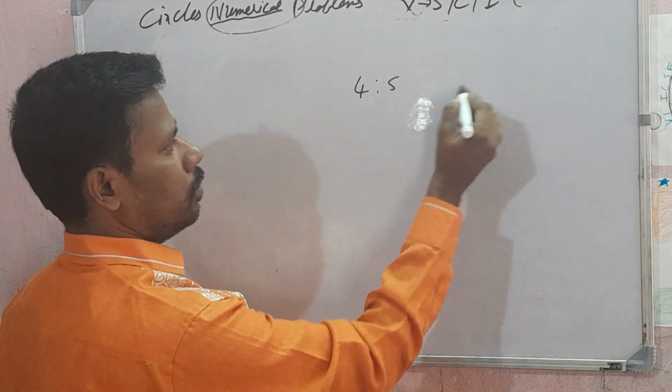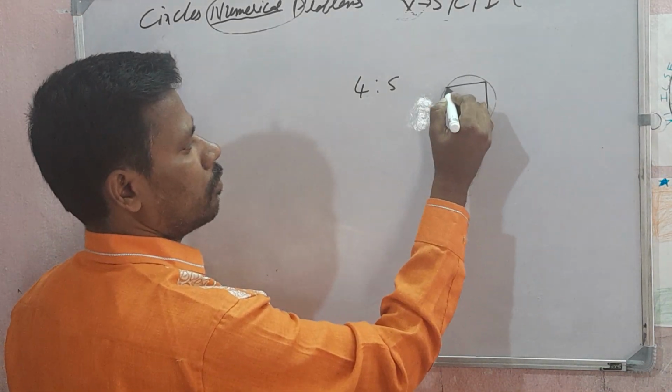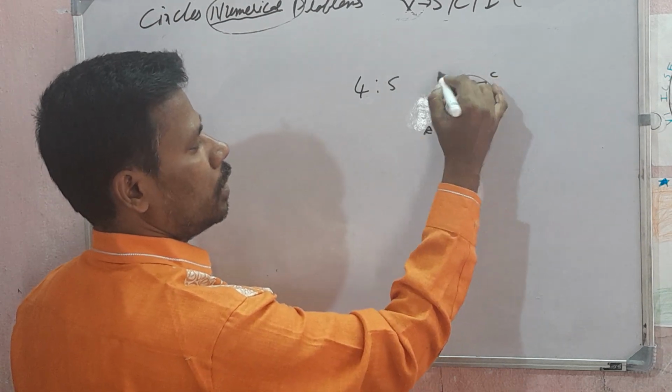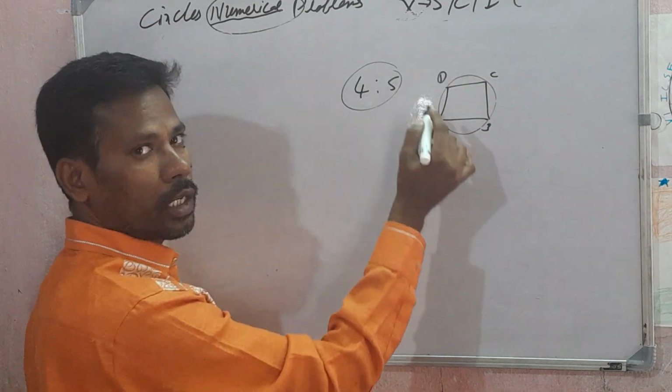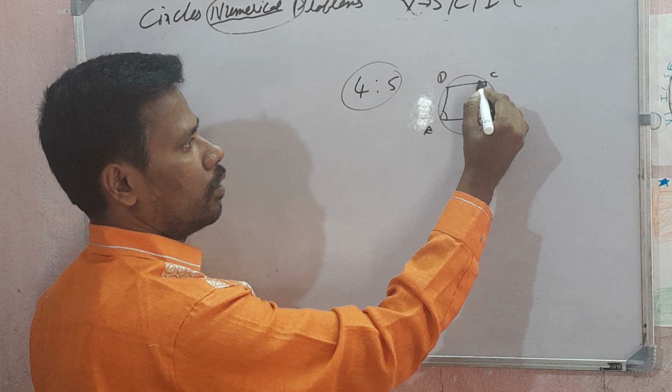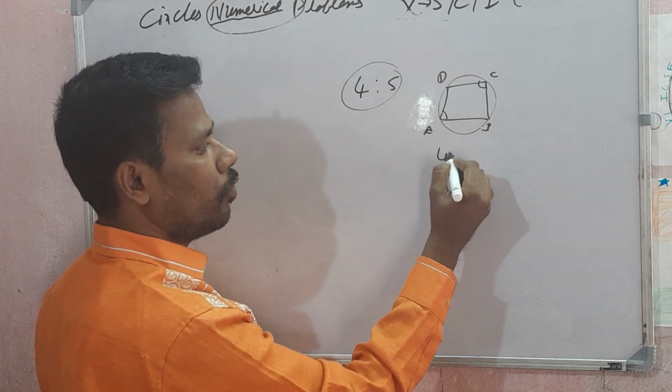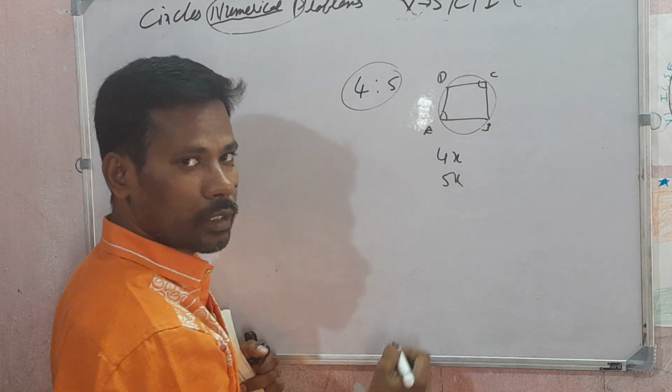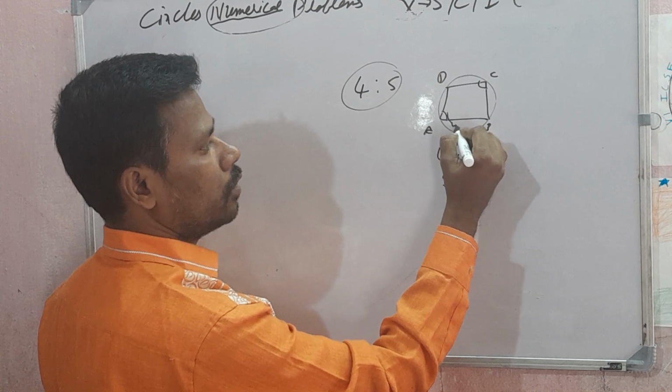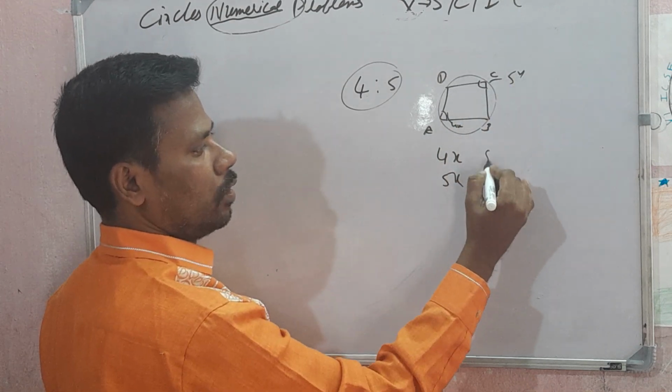So just a rough diagram: A, B, C, D. The opposite angles of a cyclic quadrilateral are in the ratio 4:5. So let the angles be 4x and 5x. So this angle is 4x, this angle is 5x.